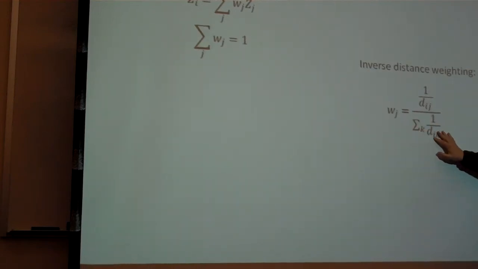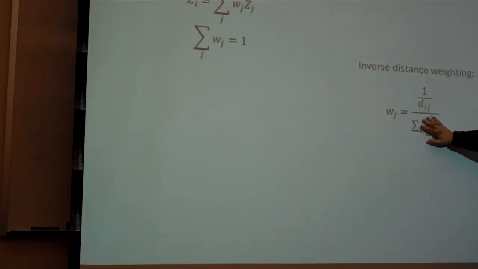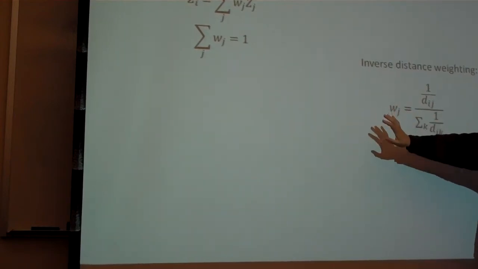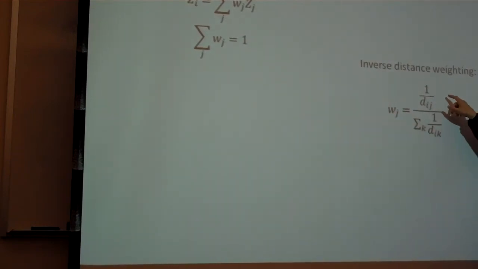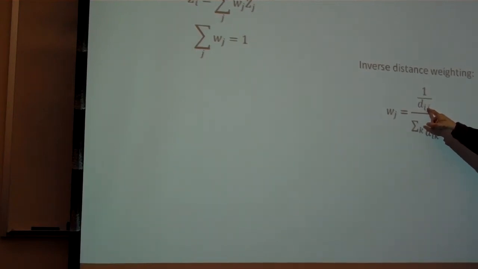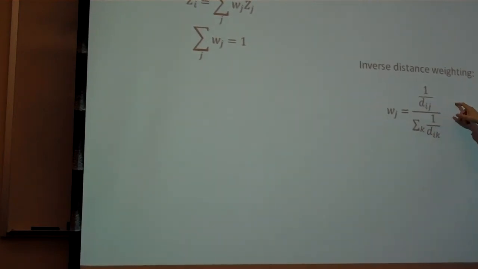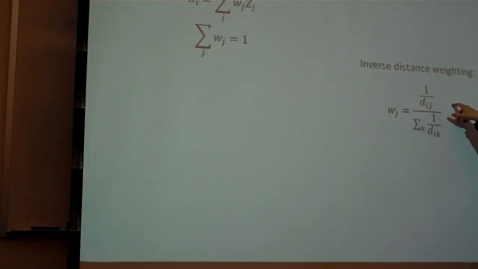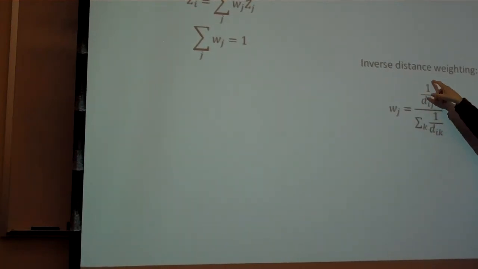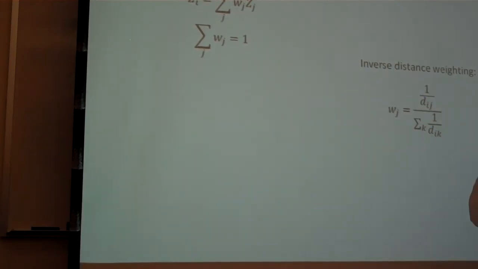This denominator is just a normalization constant to make sure that the W's all sum up to 1. But this just says that if the distance between the point I'm interested in, i, and the one I'm looking at, j, the weighting I'm going to give declines as the inverse of that distance.